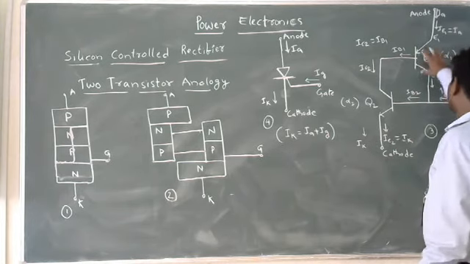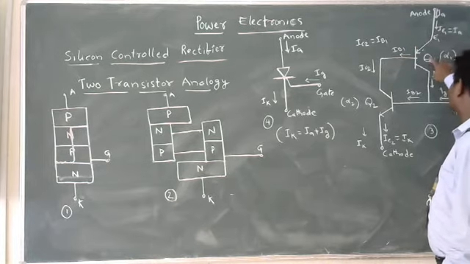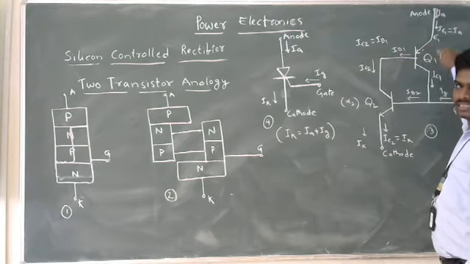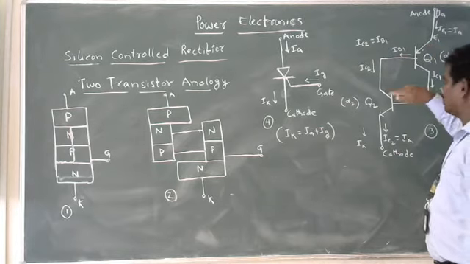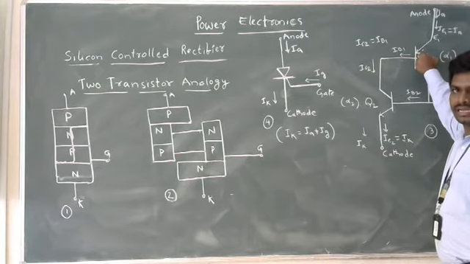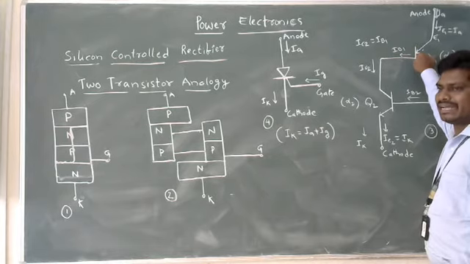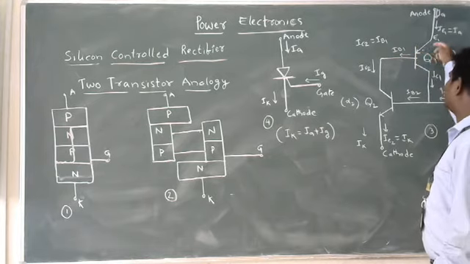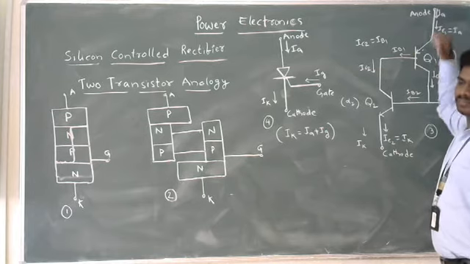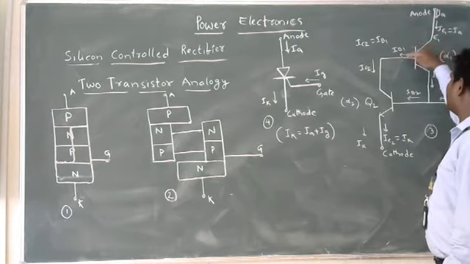This is my PNP transistor. How can I represent this PNP transistor? The arrow mark indicates inverse to the device: if N is in the middle, then we show the PNP transistor like this, with the arrow mark towards the base.